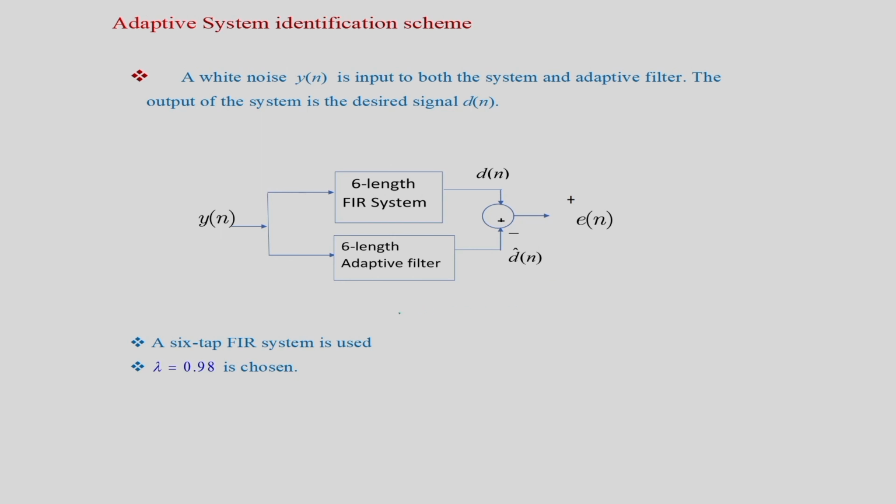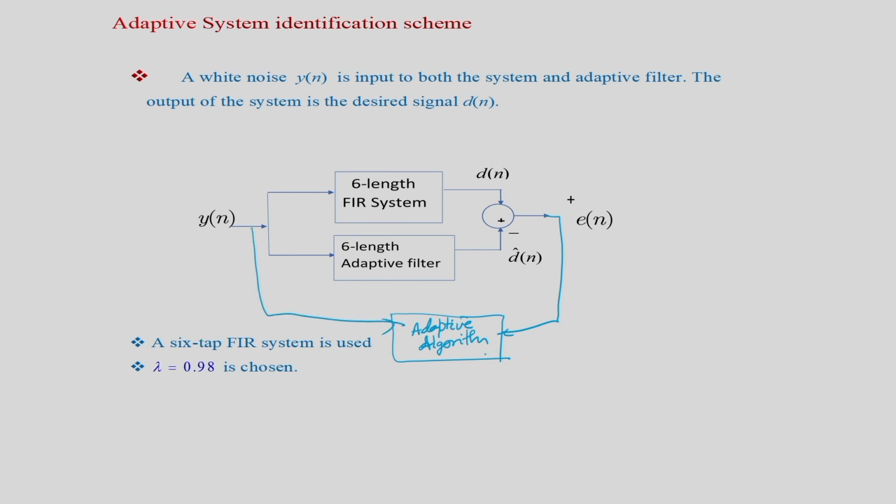through the adaptive algorithm. So this error is sent here, and similarly y(n) will be sent here.